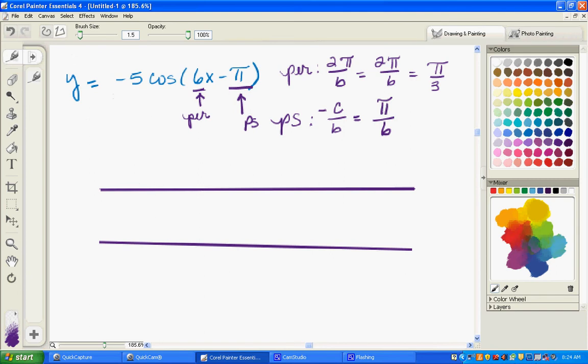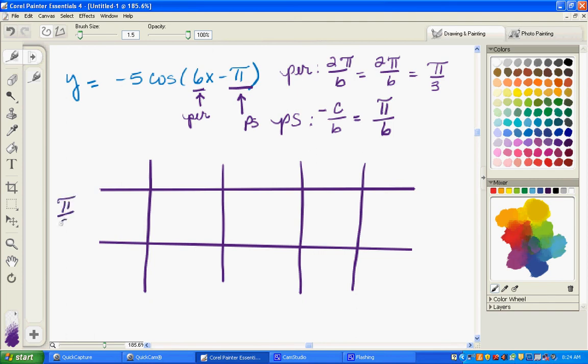We need 1, 2, 3, 4 vertical lines. Okay, so the period is going to go here. The phase shift goes here. And we're going to cut our period into 4 equal pieces: 0, 1/4, 1/2, 3/4, and 1.